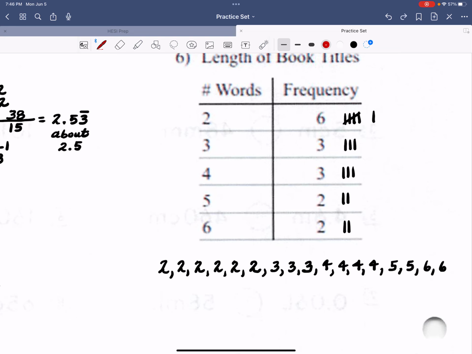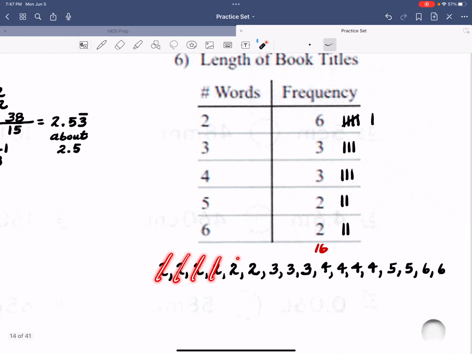Is that right? Okay, so something's wrong. Did I miscount? 1, 2, 3, 4, 5, 6, 7, 8, 9, 10, 11, 12, 13, 14, 15, 16, 17.